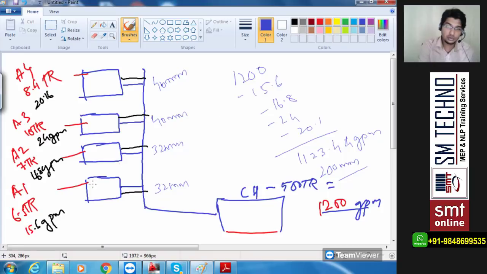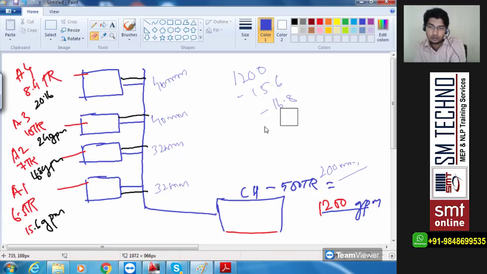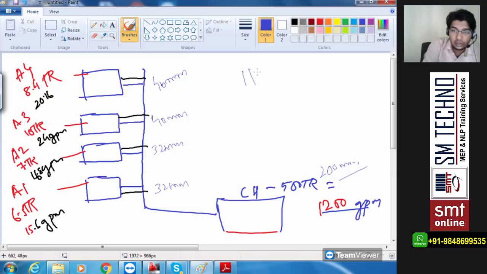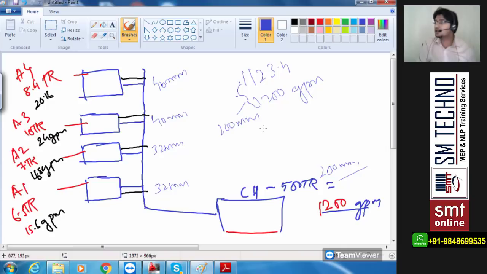So for both 1123.4 and 1200 GPM, the size is coming to 200 mm.